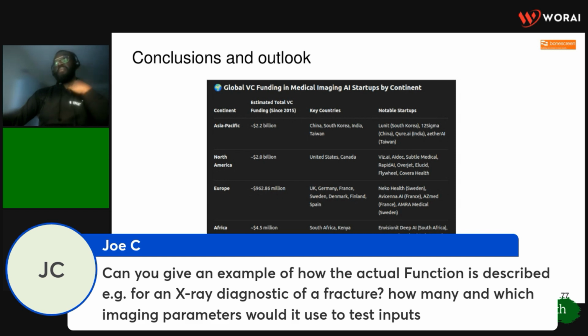So this could be the first step. Or you can have different classes, for example a very severe fracture and a minor fracture, that you want to predict. So this is how you would do the presentation, right?